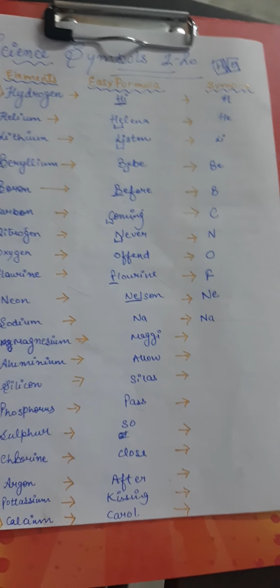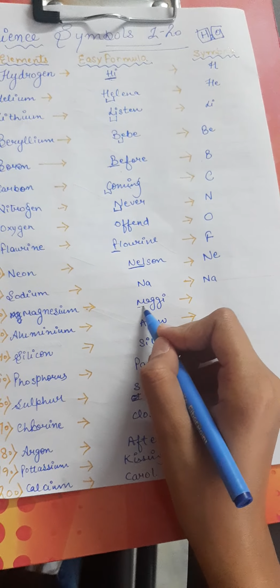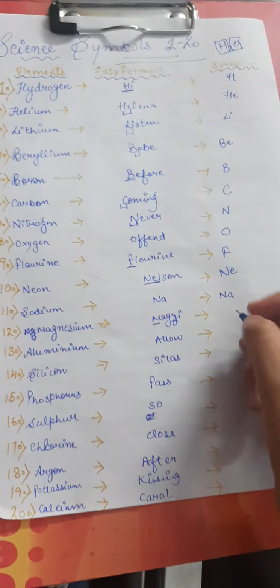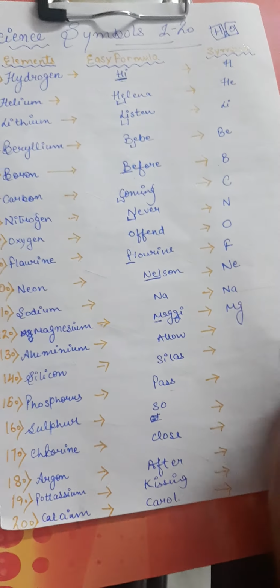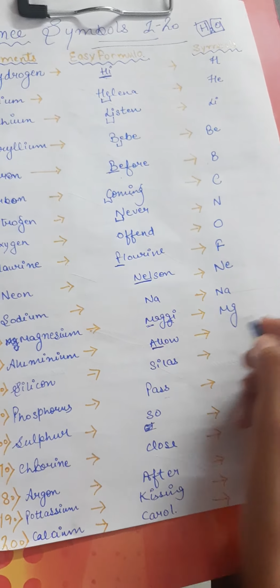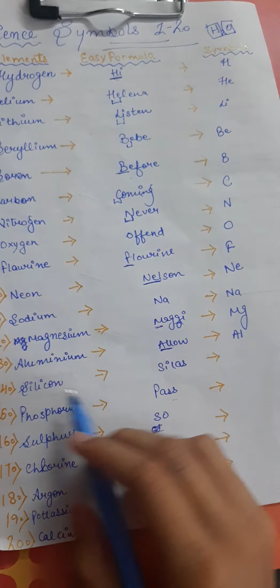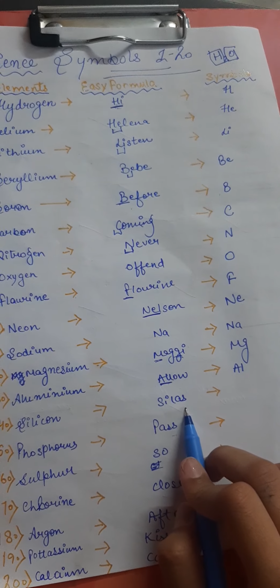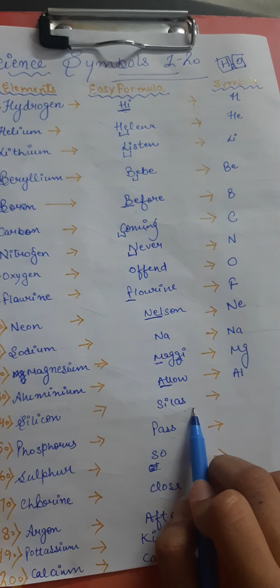Next is magnesium. Here we will not take Ma, we will take M and G, Mg. Aluminium, A and L. Then silicon. Silas we have taken here.